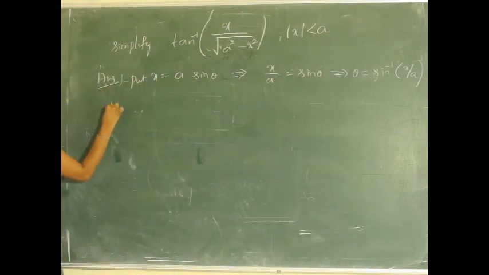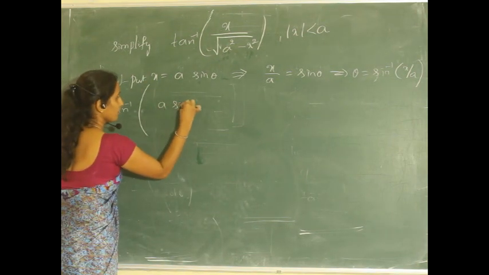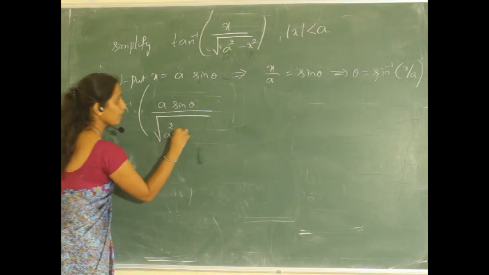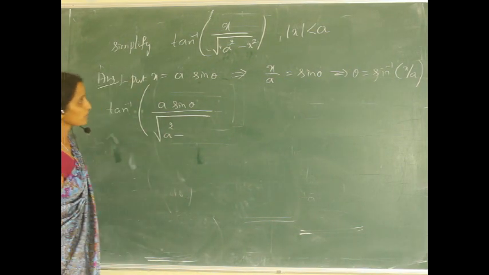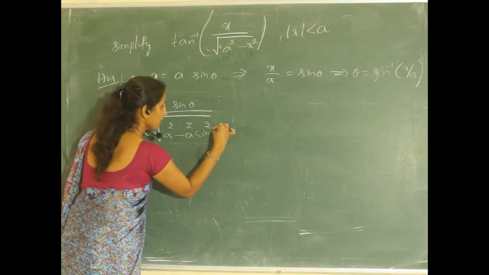Now substitute that in the given problem. So tan inverse of x, which is a sin theta, divided by square root of a square minus x square, where we have taken x as a sin theta, so a square sin square theta.